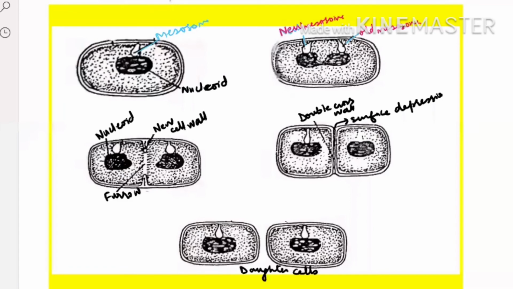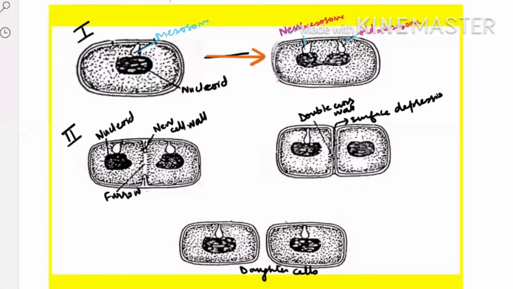Now see, the entire summary is given here. This was your first step of binary fission, which was DNA replication. This is also in the first step part only. So this was the sequence. The DNA replication started, and this is the second step in which the mesosome division and cross-wall formation also start simultaneously.